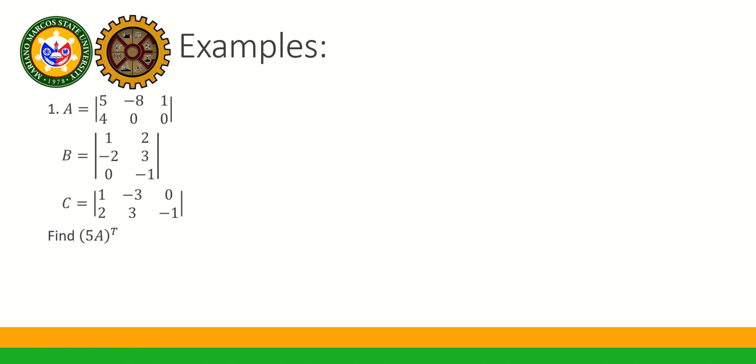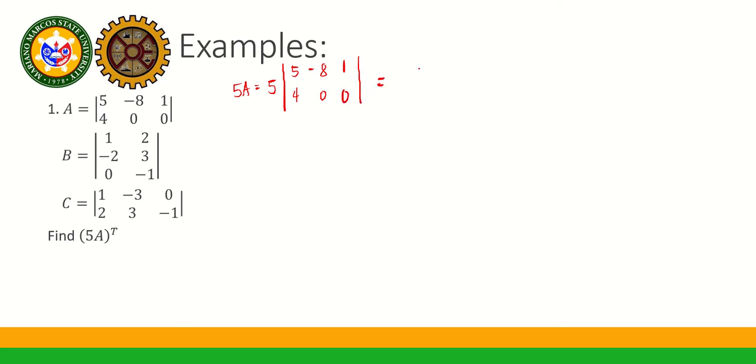Okay. So, let's have example letter C, the next example, (5A)^T. So, we will do two solutions again. The first one is to do scalar multiplication. So, 5 is our scalar number. So, 5A is equal to 5 times our A, 5, 4, negative 8, 0, 1, and then 0.